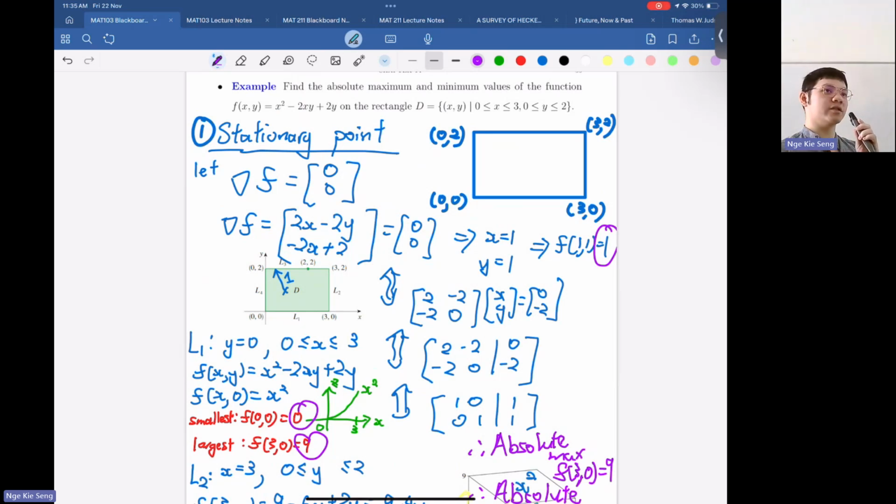So only on the first quadrant here. Okay, so in the first quadrant here, the rectangle, the lowest points are 0, 0 and 2, 2 here. Okay, where's the highest? It's 3, 0. Where is 3, 0? 3, 0 is here, this side, the highest point.